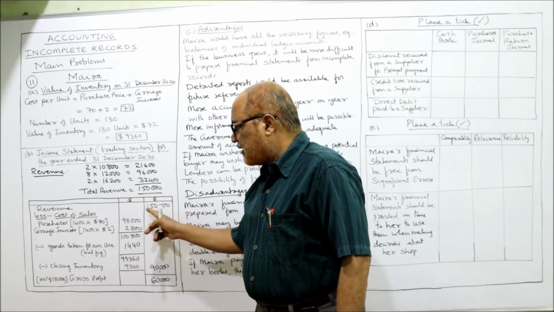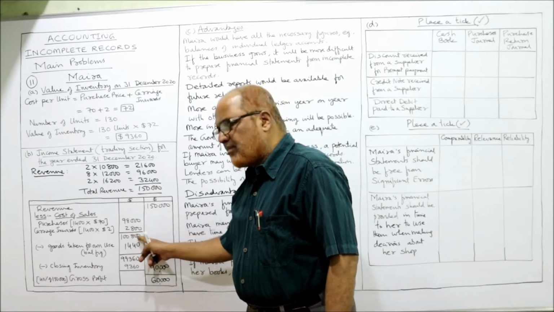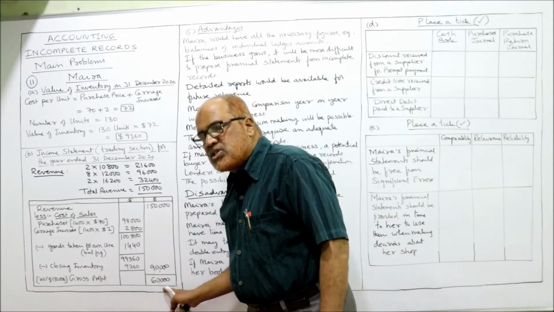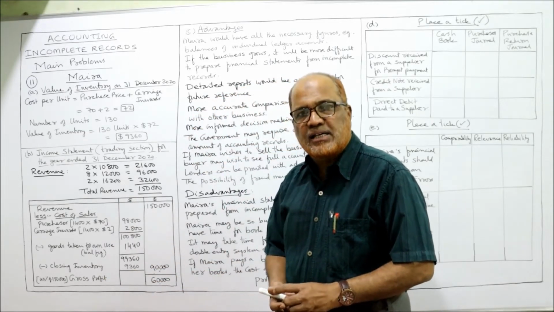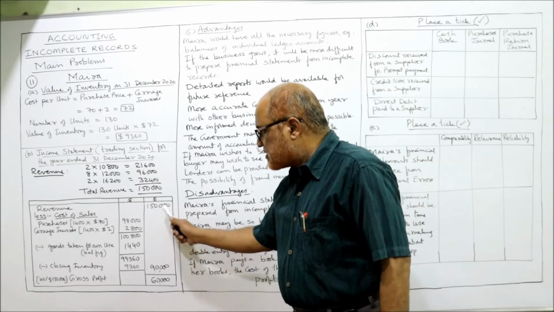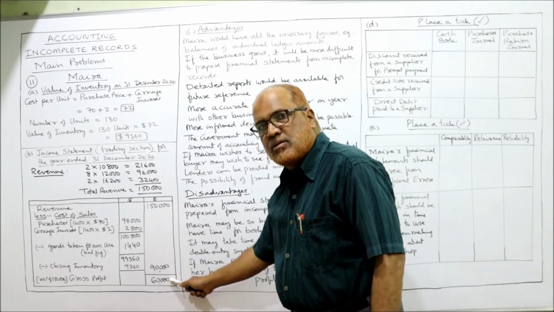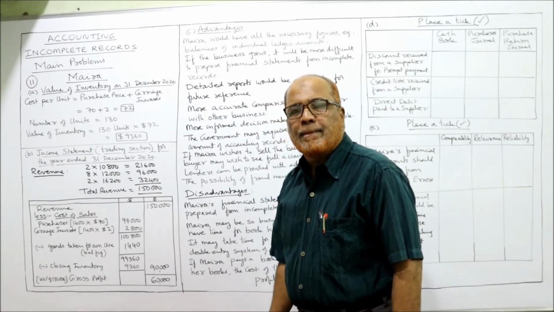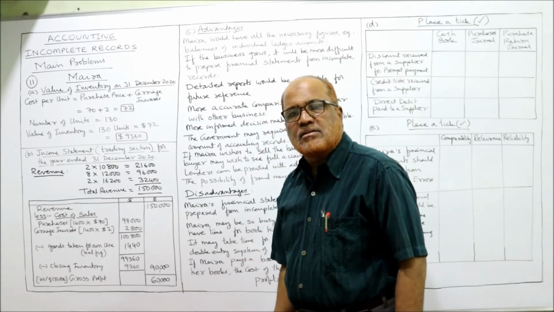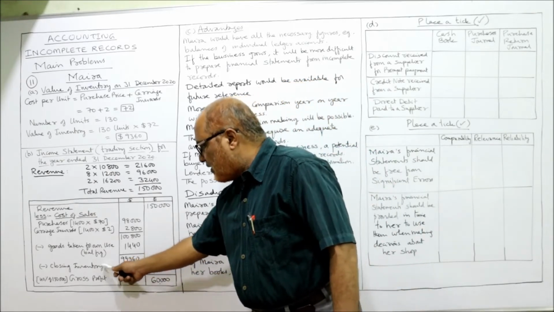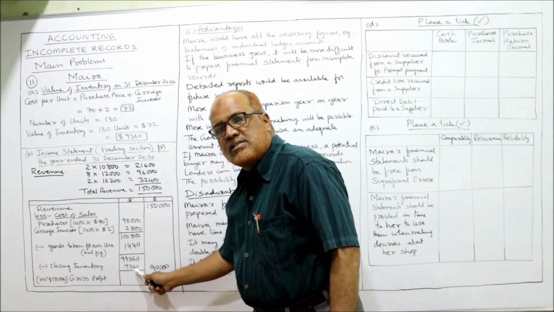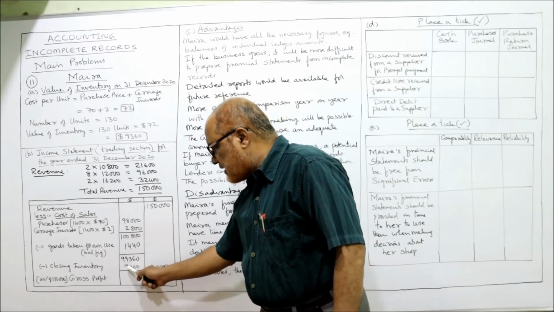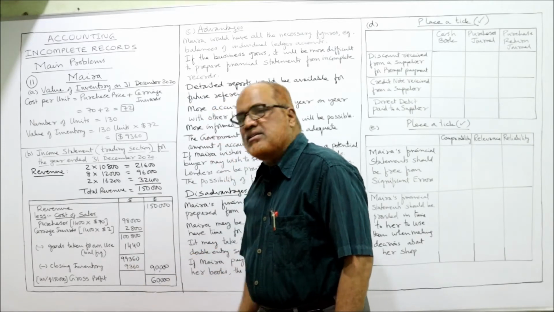Sales we have calculated, purchases easily we have calculated, closing inventory we have calculated, gross profit margin 40% of sales, that is given in the problem. So 40% of 1,50,000 is 60,000. So 150 minus 60, you will get 90,000, the cost of sales. And here closing inventory we have deducted, 9,360. Now we add up: 90,000 plus 9,360, you will get 99,360.